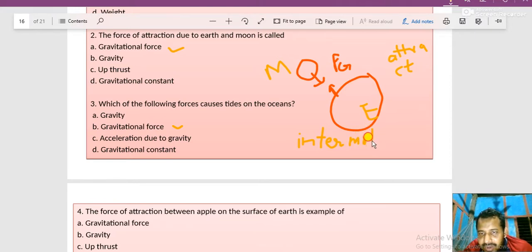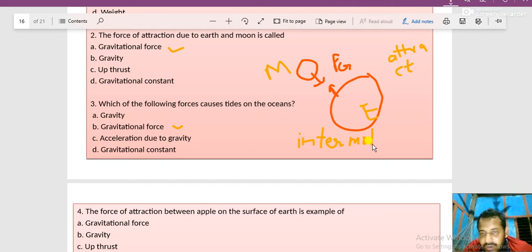Land is also made up of small molecules of land or soil, so intermolecular force exists there too. Since the intermolecular force of water is low, during the force of attraction water is raised high, and again it will fall back, and again it is raised and falls back, smoothly going in this way.